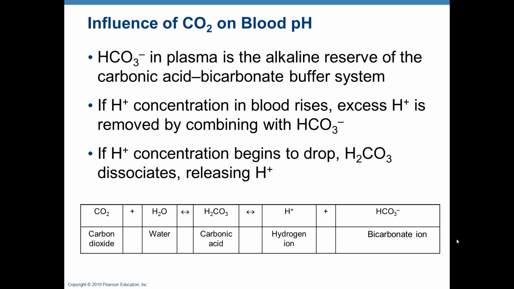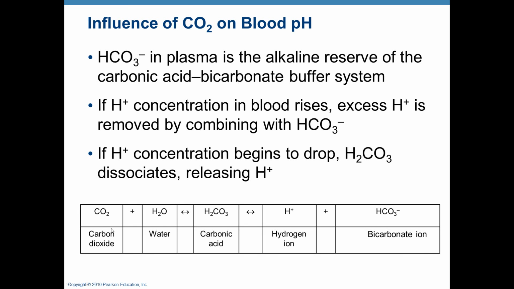This back and forth set of chemical reactions is key to keeping your body fluid pH in that 7.35 to 7.45 range. The reason for that is, like I said, it's kind of like a seesaw.